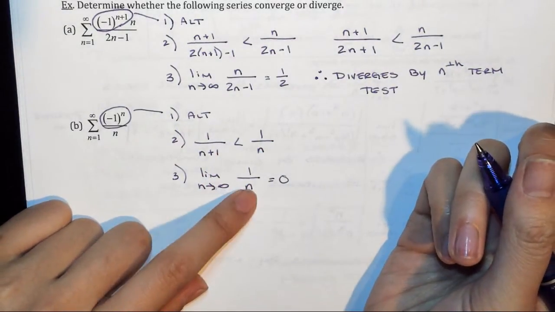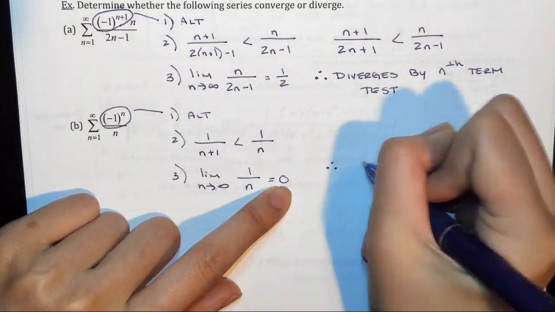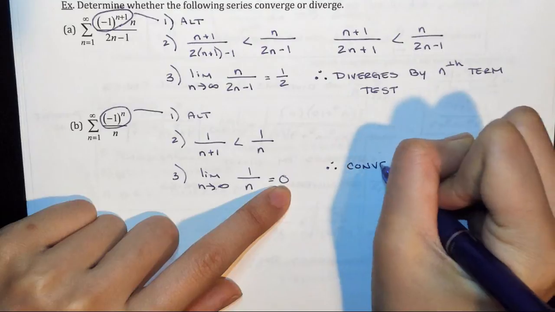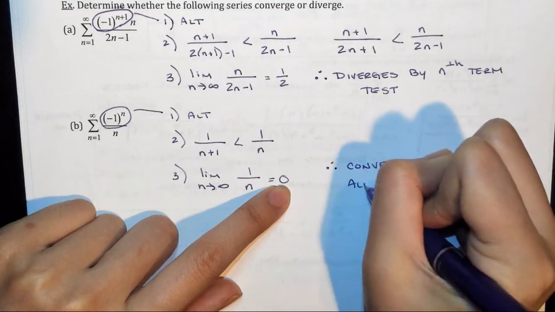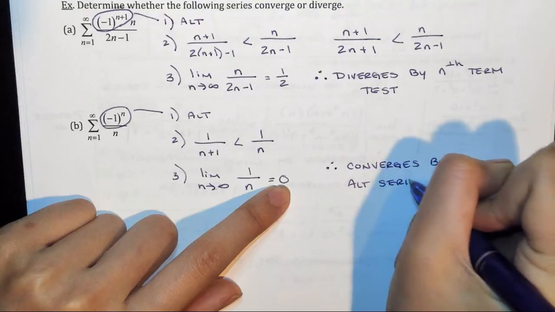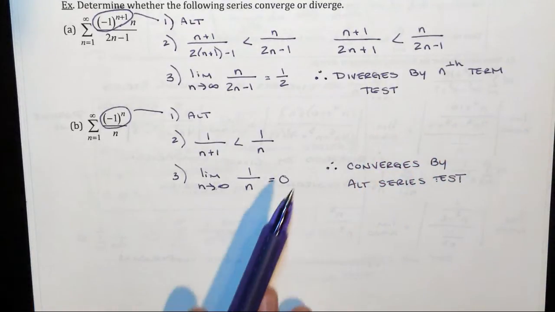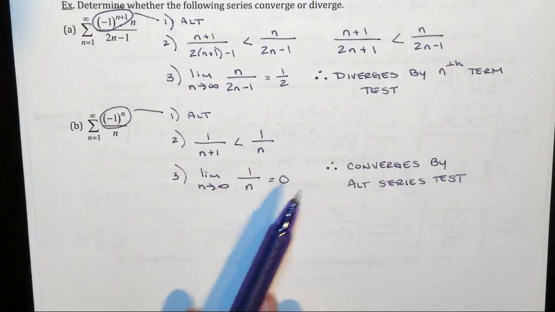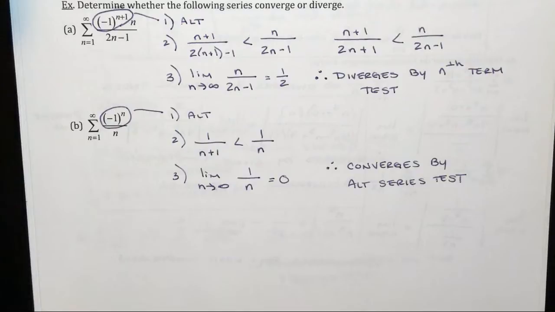When you go to infinity of 1 over n, it equals 0. So therefore, this will converge by alternating series test. But remember, only by alternating series test can you say that if the limit equals 0, it's definitely going to converge. Okay?